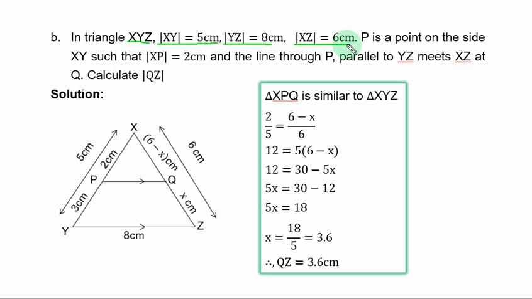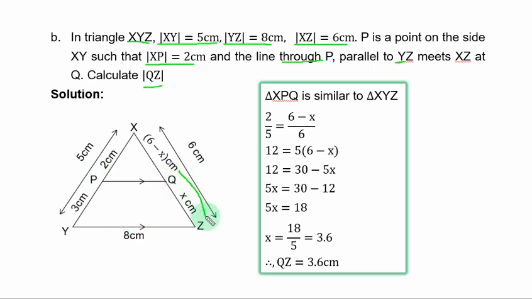P is a point on the side SY such that SP is equal to 2 cm and the line through P parallel to YZ meets SZ at Q. Calculate QZ. The diagram represents the information. So you are looking for this side QZ.